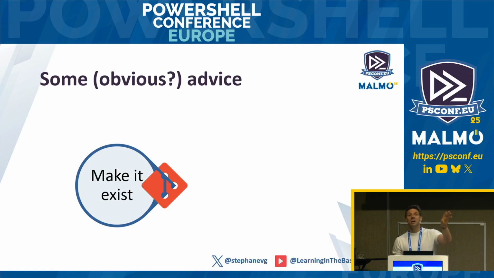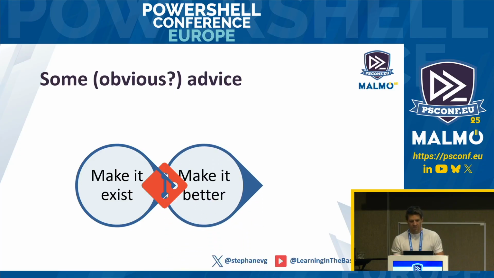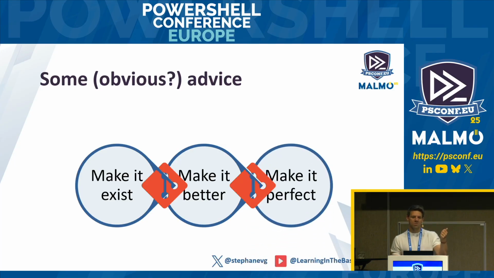Or if there's really an urgent need, you at least have something, instead of having a beautiful function which is useless because business cannot use it. Then make it better, and save it. So you have a second version, not as good as you would like, but still better. Then make it perfect, and then ship it.